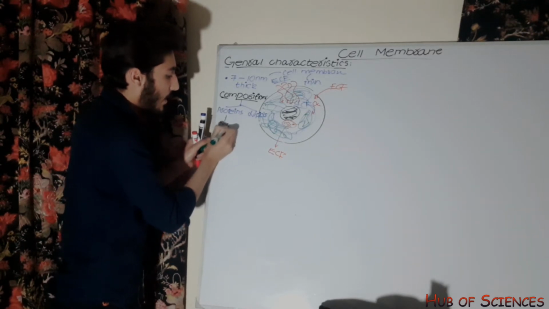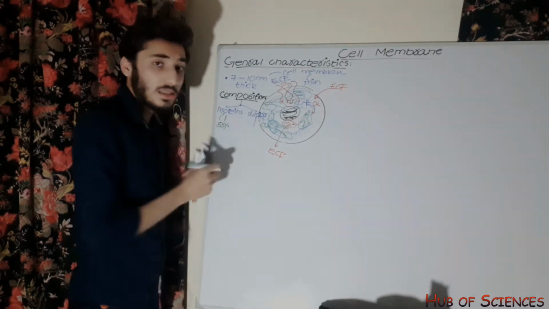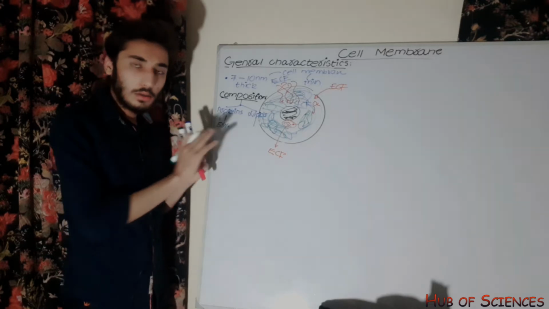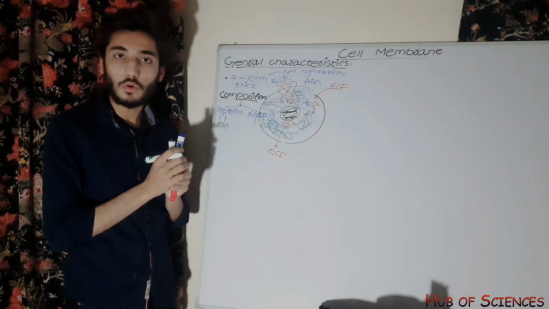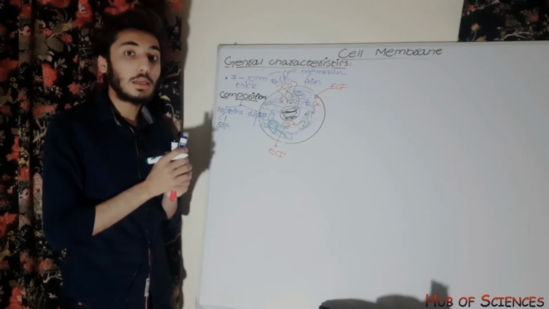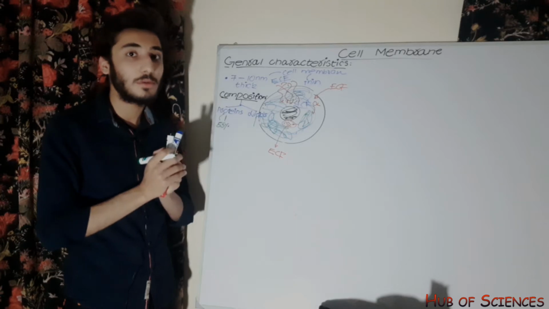of the cell membrane is made up of proteins, while lipids are of several types. It may be phospholipid, cholesterol, sphingolipid, phosphatidylcholine, phosphatidylethanolamine, or phosphatidylserine.